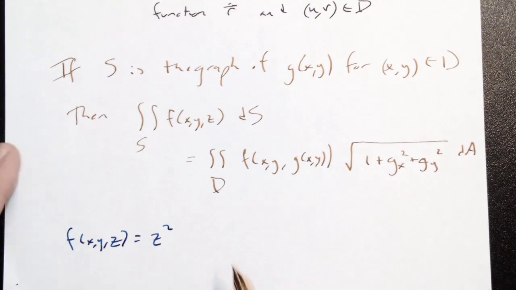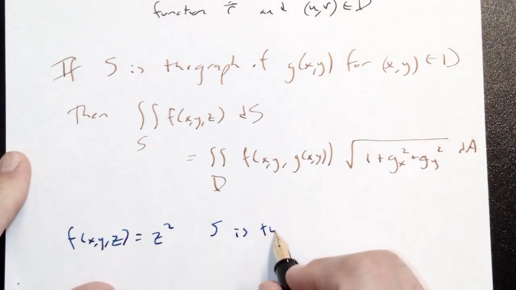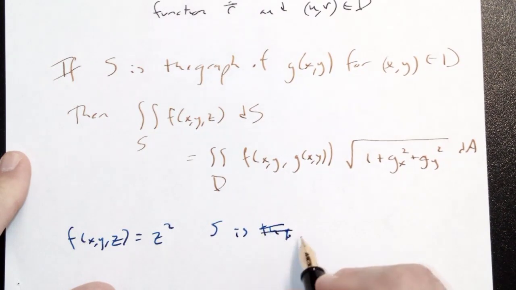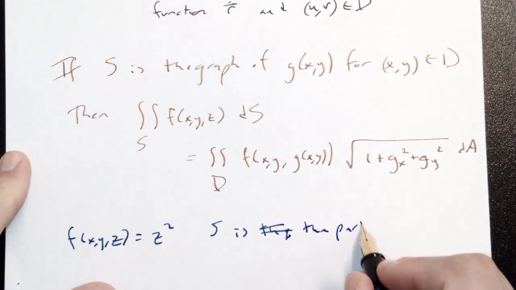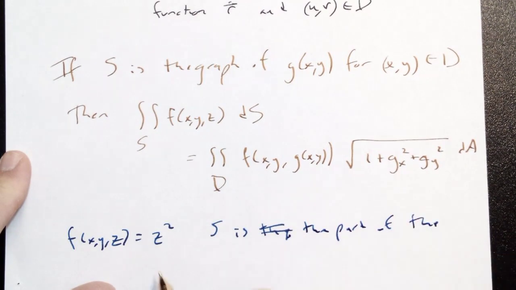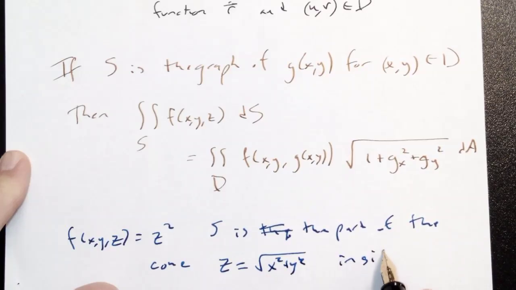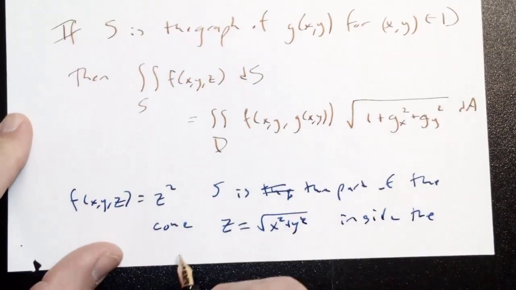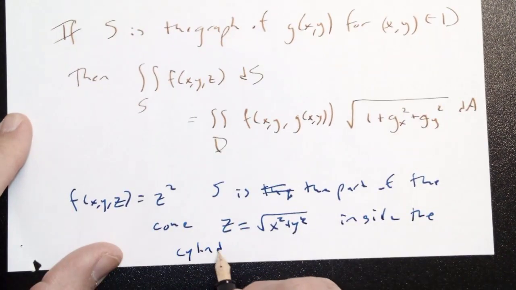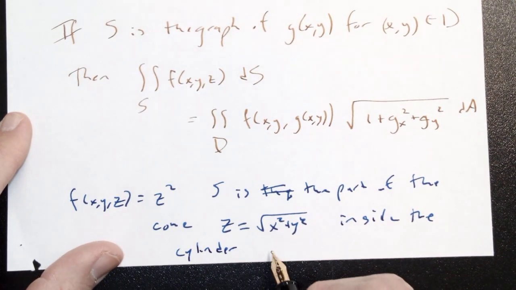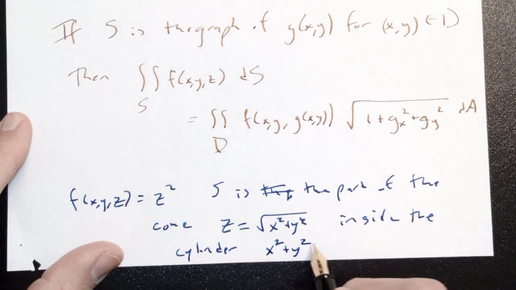And S is the part of the cone z equals square root of x squared plus y squared inside the cylinder x squared plus y squared equals 4.